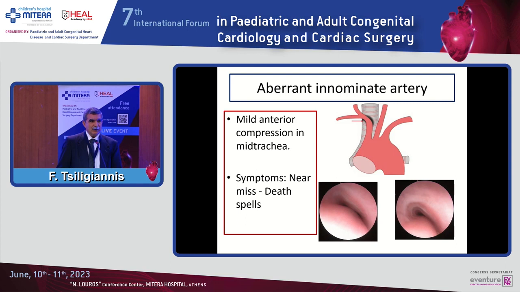The CT scan of this patient showed a very mild tracheal compression, but bronchoscopically you see what happens, and concomitant tracheomalacia led to 2 cardiorespiratory arrests. The patient was lucky enough and went on to the operating room.